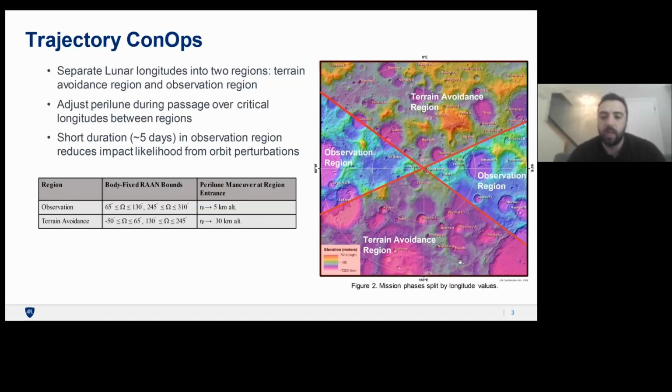And so these orbits are stable on the time frames that they're in each region. And by performing corrective maneuvers, we're effectively resetting our system each time we go from one region to the next. So this whole process can be repeated iteratively for longer mission durations.